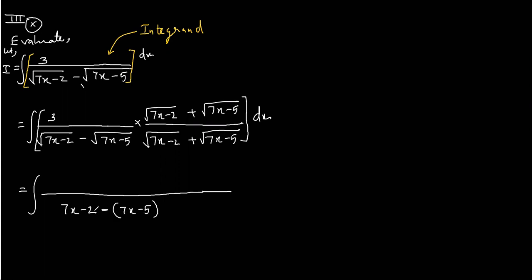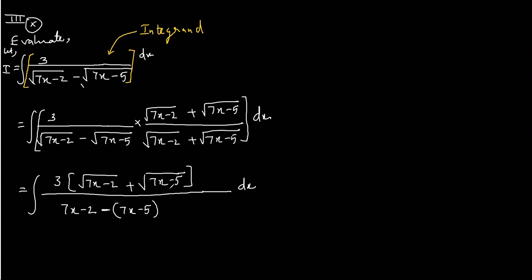For the first one, it is okay without a bracket because you have a positive sign, but for the next one you need a bracket because you have a negative sign. A minus b, a plus b is a square minus b square. And in the numerator you have 3 times square root of 7x minus 2 plus square root of 7x minus 5.